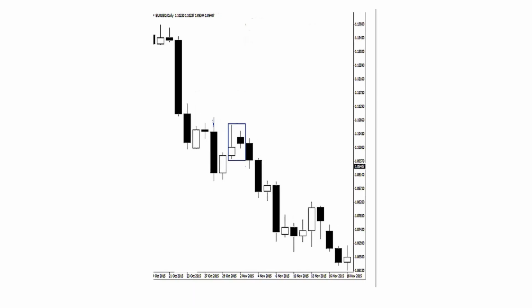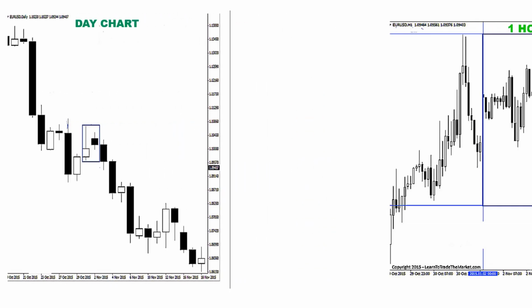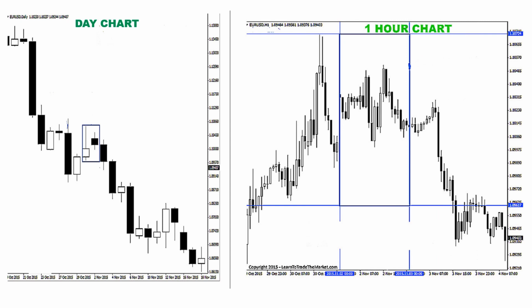An inside bar on the daily chart represents a period of consolidation on the lower time frames, and it can be a signal that a potential breakout is coming. Inside bars are less reliable on lower time frames because they are more common and more likely to lead to false breaks. This is because lower time frames are more influenced by noise and market fluctuations.